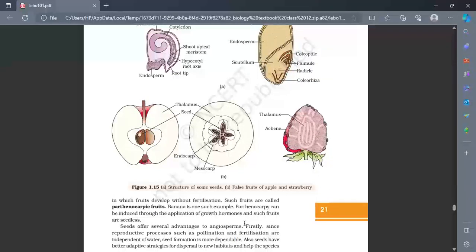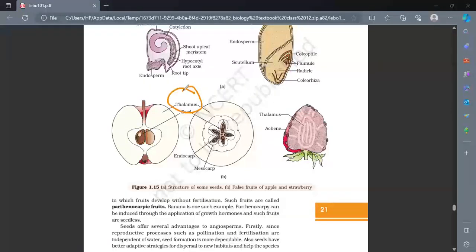That's why we say that apple is a false fruit, because of the presence of this thalamus in the fruit. This is a structure outside the ovary, but it still becomes part of the fruit. So we say that this is actually a thalamus part, and this thalamus part has the seeds inside it. So the fruit is not a true fruit, it's a false fruit.